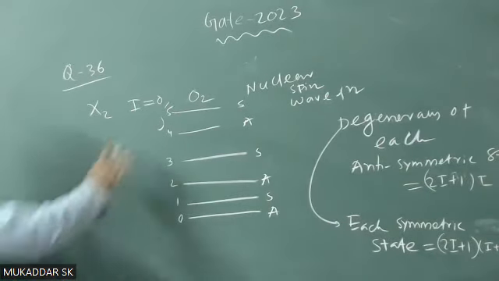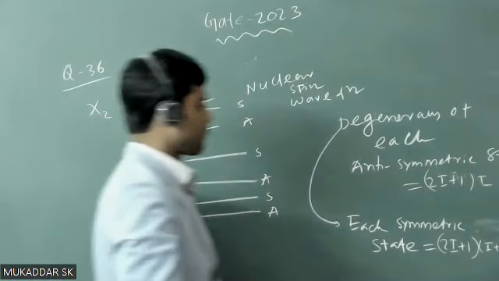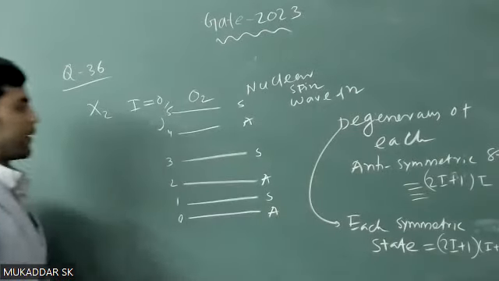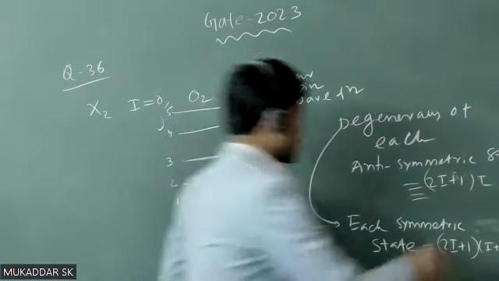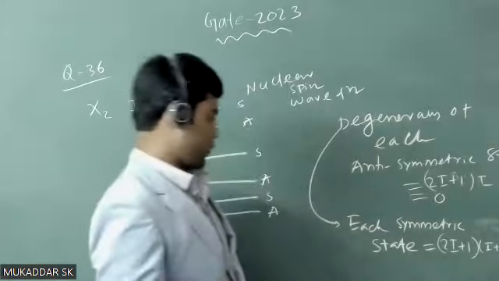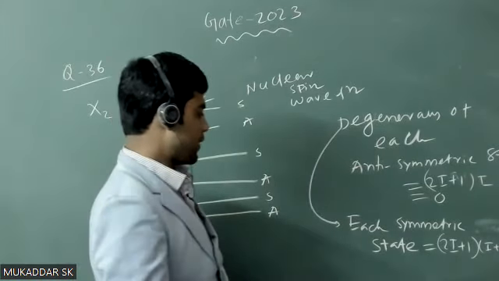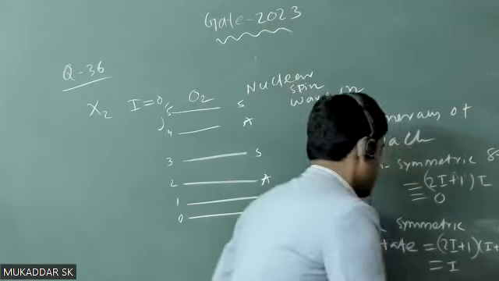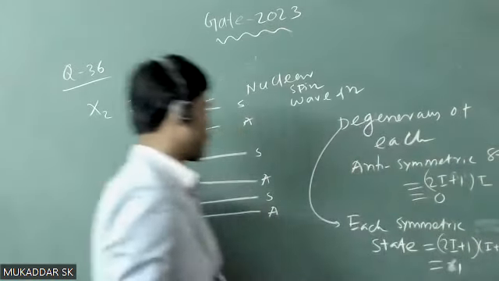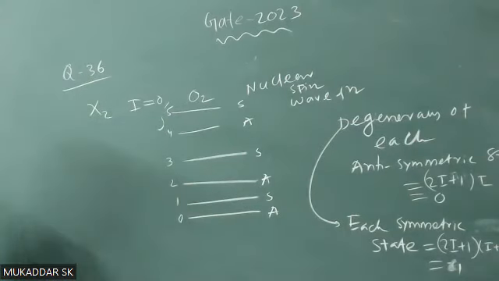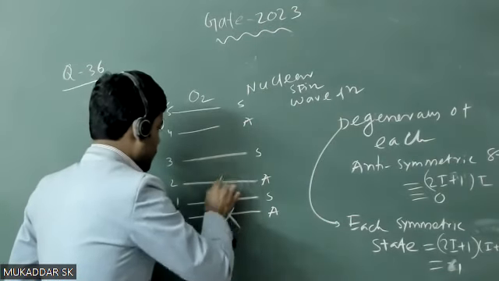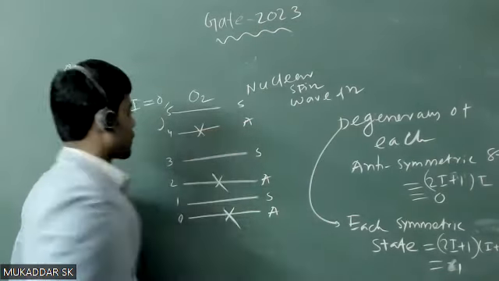And it's mentioned that I is 0, so obviously the degeneracy of each antisymmetric state will be 0. But for each symmetric state, if you put I equals 0, you'll get 1. It means degeneracy 0 of each antisymmetric state means that these states will be missing for this compound.